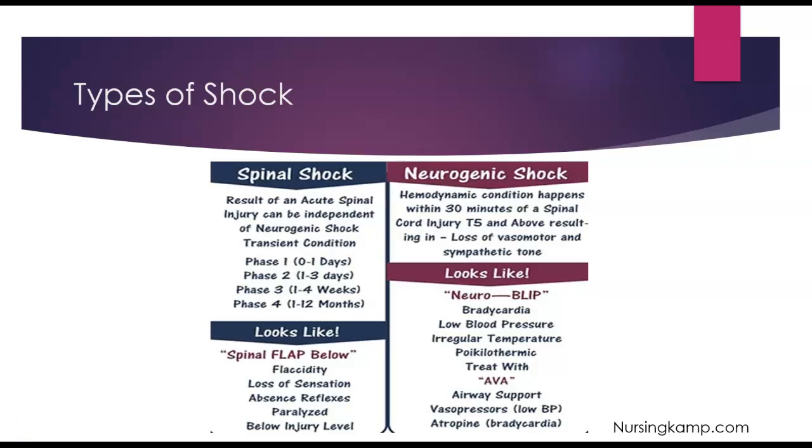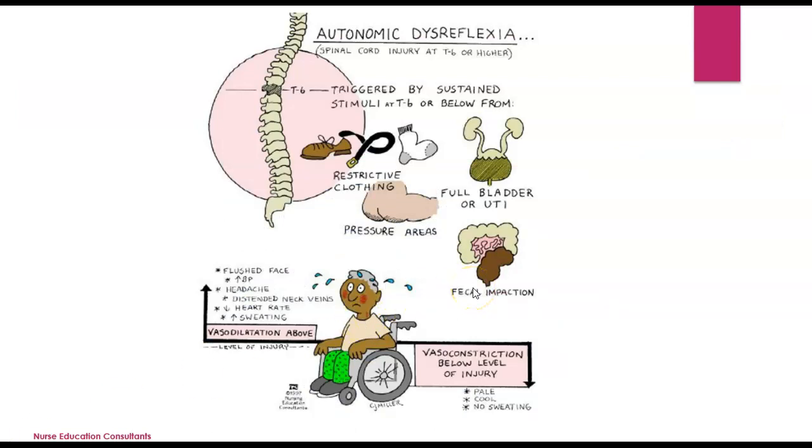Okay, and then autonomic dysreflexia. Again, this is another life-threatening problem that our patients are at risk for, and you want to always be evaluating for it in any spinal cord injured patient at T6 or above. This is a medical emergency. They can end up having a stroke because of it. It's usually triggered by some type of irritant stimuli, such as bowel, bladder, skin, restrictive clothing, or pressure areas.